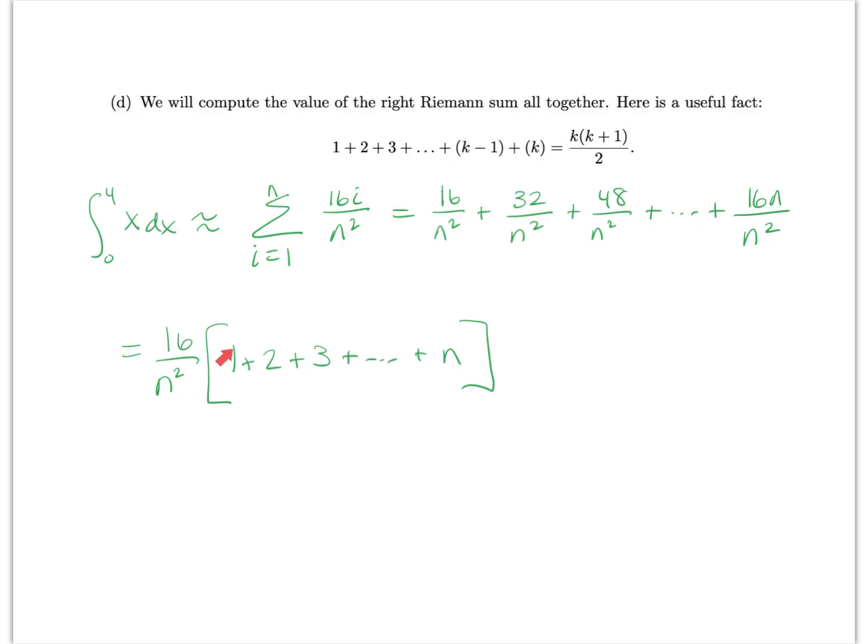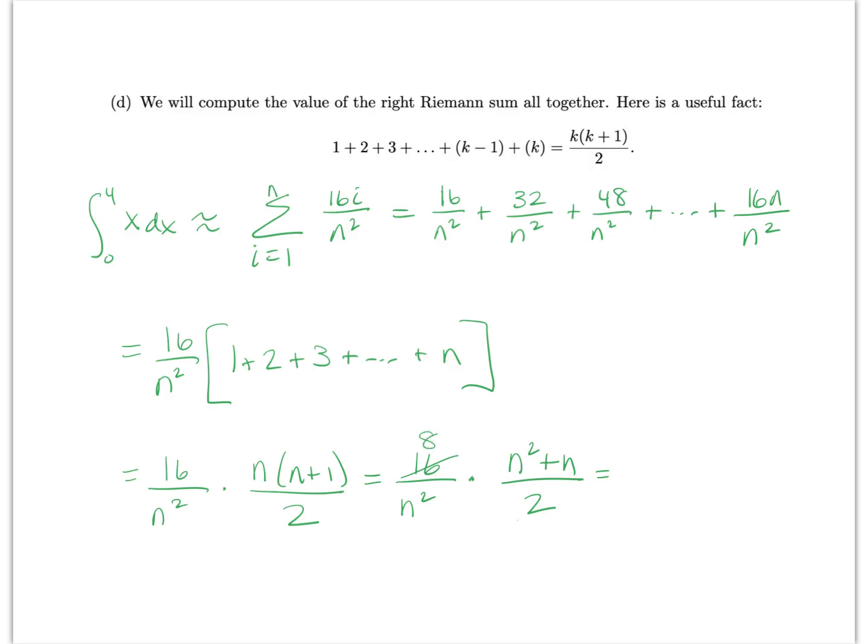And this sum has a formula: k times k plus 1 over 2. I'm using n, so it's going to be n times n plus 1 over 2. So this is 16 over n squared times n times n plus 1 over 2, which is 16 over n squared times n squared plus n over 2.